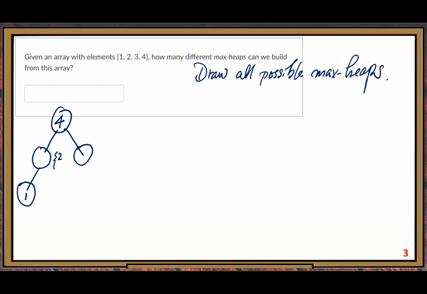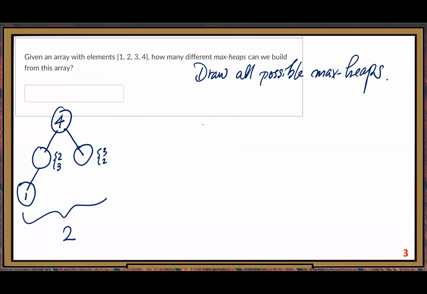When 1 is here, you can put a 2 there and 3 there, or 3 there and 2. 2, 3, or 3, 2. All legal, right? So in this case you have 2.